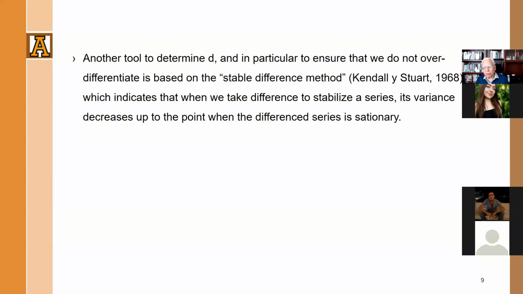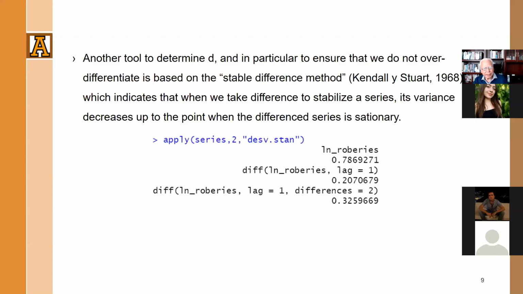The way to check if we over difference is to check the variance or the standard deviation of the original series, the first difference, and the second difference. If I take a second difference and the variance increases, then I am over differencing, and I need to stick to one difference only. For example, for the log of the robberies, the standard deviation is 0.78.